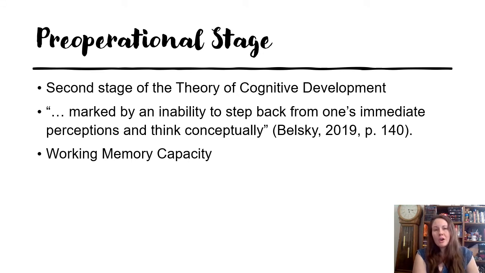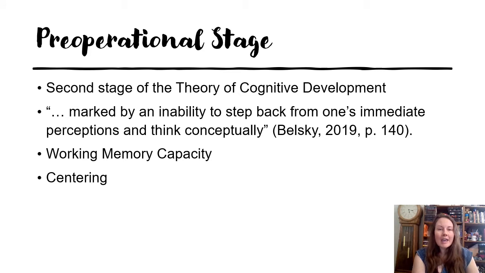When we're younger, we have as little as 2 slots, and then as we age up to age 7, we gain about 5 working memory slots. So when we're thinking about the preoperational stage, it makes sense that kids have a hard time manipulating information or thinking about multiple elements at once, or being able to step back and look at things as a whole with a whole bunch of different elements, because they just don't have the working memory capacity to do so.